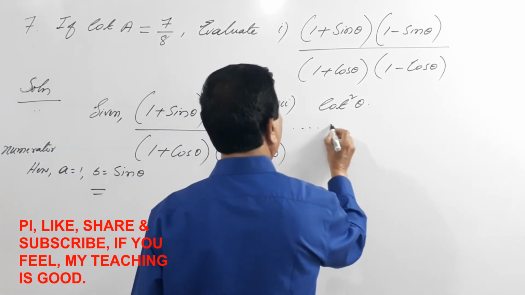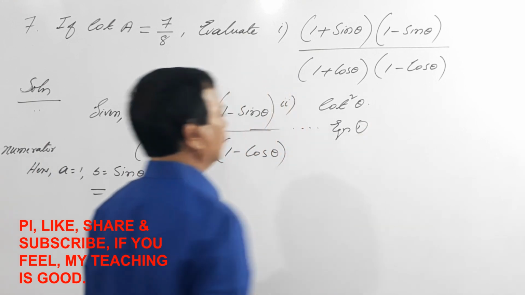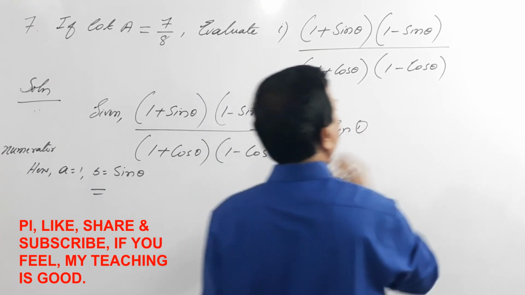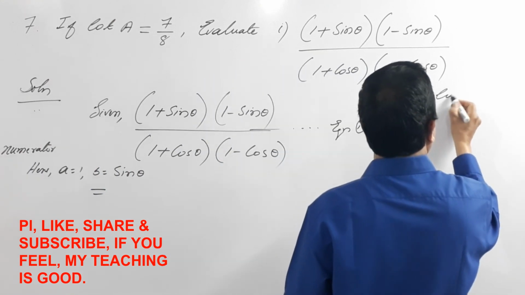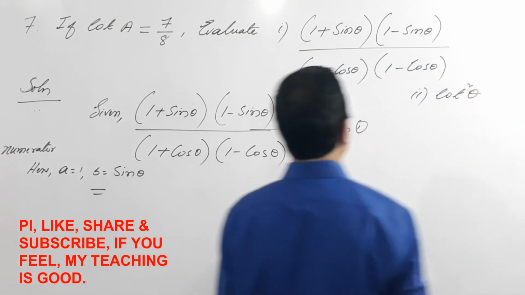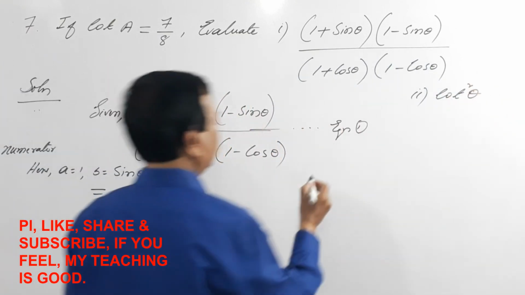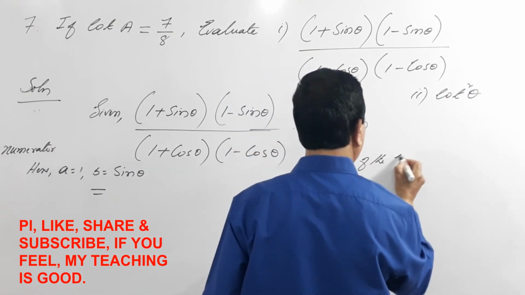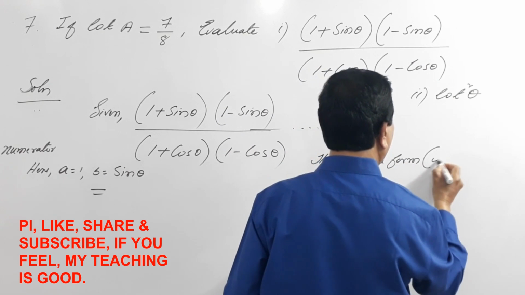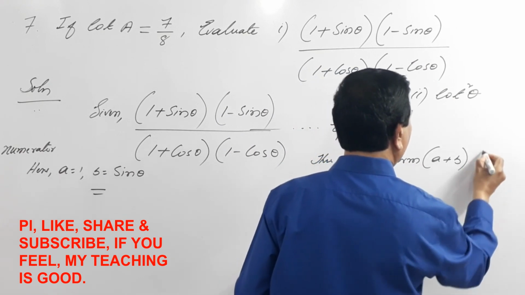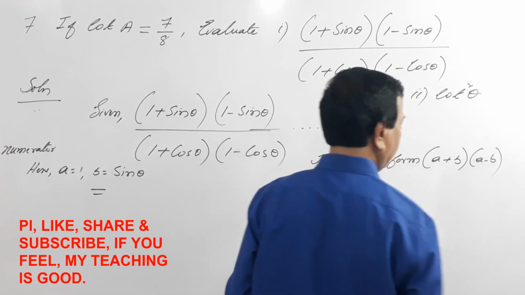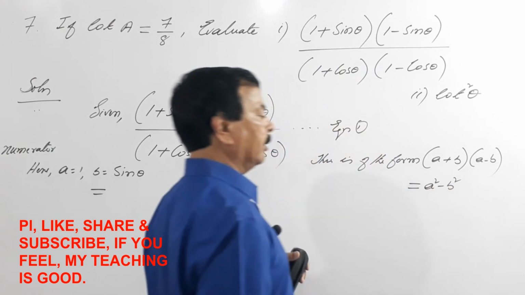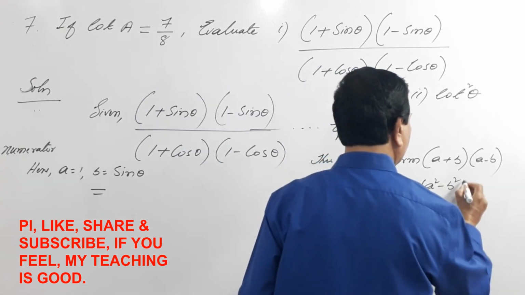I call this equation 1, and so that you don't get confused, I write here, this is cot square theta. So in equation 1, this is the form: a plus b into a minus b, which equals a square minus b square. So I put it within a bracket.